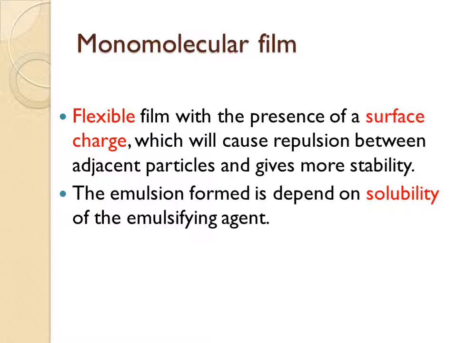So if you use a hydrophilic emulsifying agent, it forms an O/W type of emulsion, and vice versa. If you use a lipophilic emulsifying agent, it forms a W/O type of emulsion.